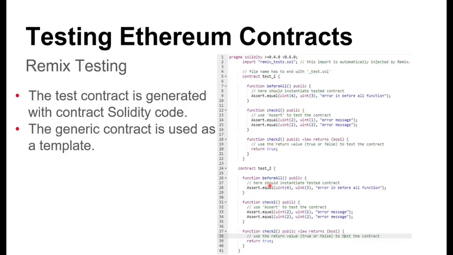You have the befores. If you're familiar with JUnit testing, this is identical, and you can set this up here to actually call different sections of our smart contract to validate that they are still running and still returning the same information.